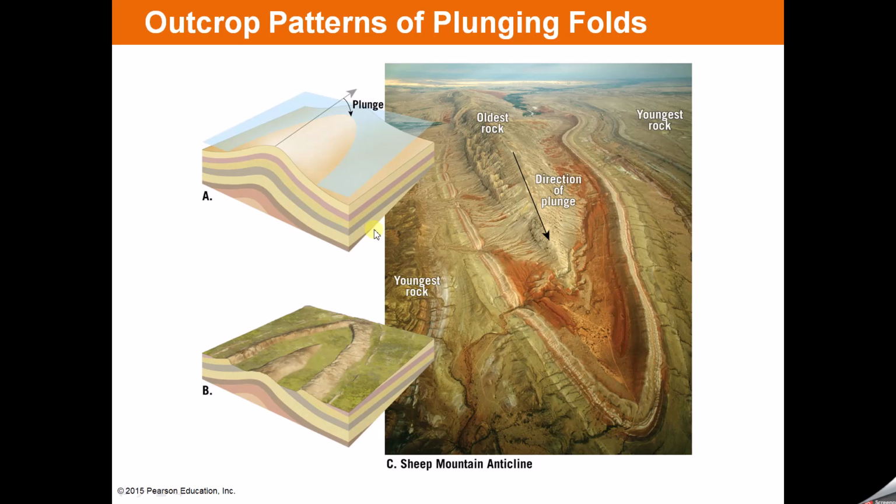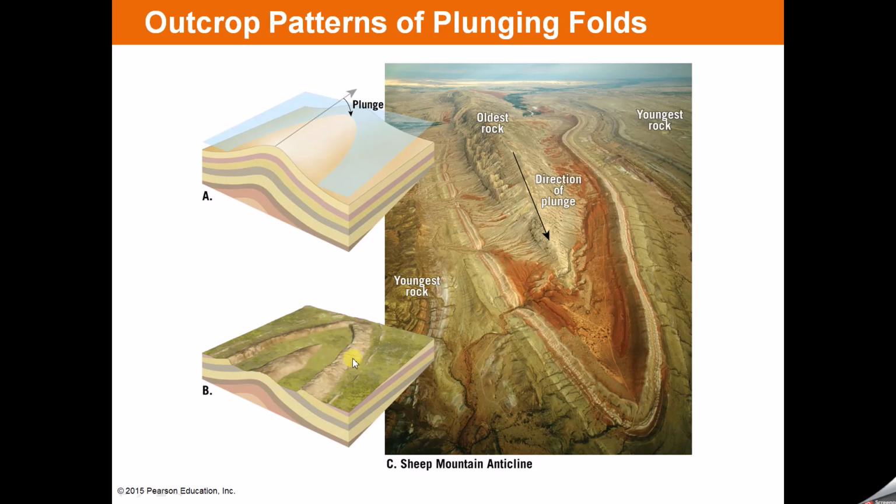So we go to the plunging fold. As we said, we have a fold axis. If this fold axis penetrates the earth, it's not horizontal like here. We have penetration. In this case, we call it a plunging fold. And plunging folds have a nose.